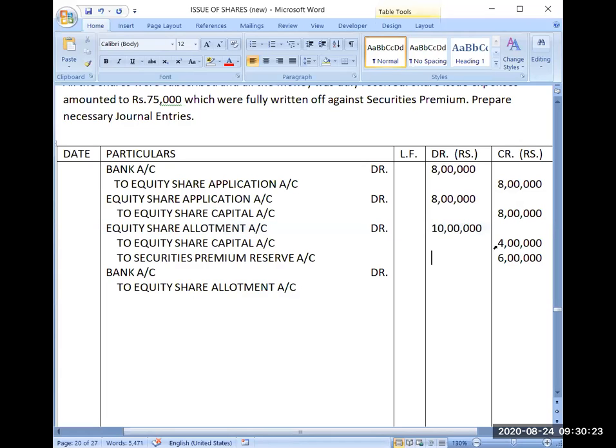If I would receive only 4 lakh, then how would I get the premium? It's just due, but I have not received it. Or if I am receiving rupees 6 lakh, then I have received the premium, but I have not received the capital. So these are the breakup amounts. Out of 10 lakh, 4 lakh belongs to capital and 6 lakh belongs to premium. But the total amount which you have to receive is 10 lakh.